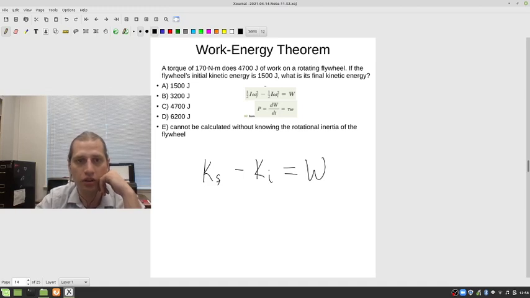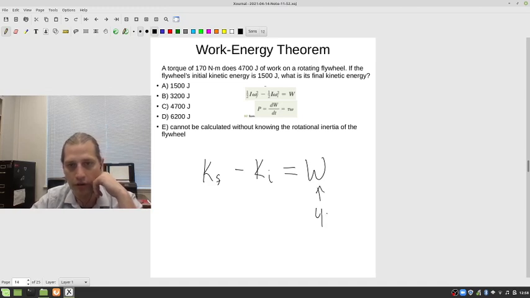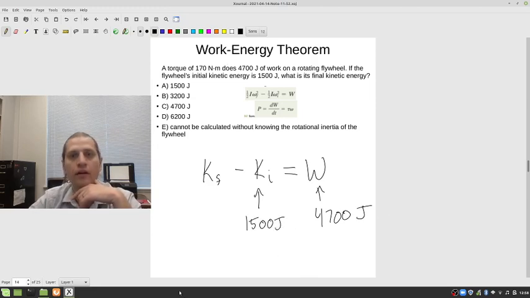So it says a torque of 170 Newton meters does 4,700 joules of work on a rotating flywheel. If the flywheel's initial kinetic energy is 1,500 joules, what is its final kinetic energy?